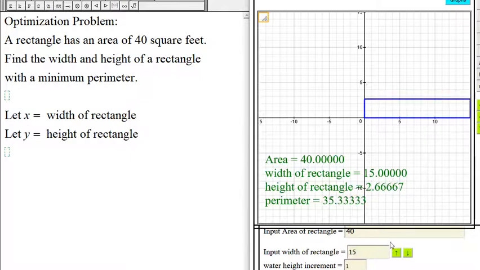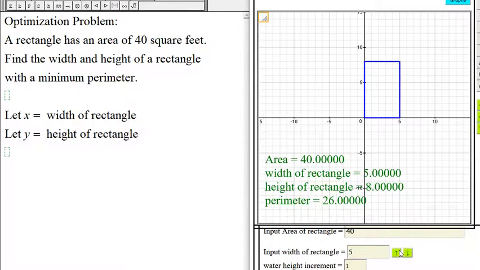And so it looks like the perimeter is just getting larger and larger as we increase the width. From here, it looks like the smallest perimeter should be around 25.